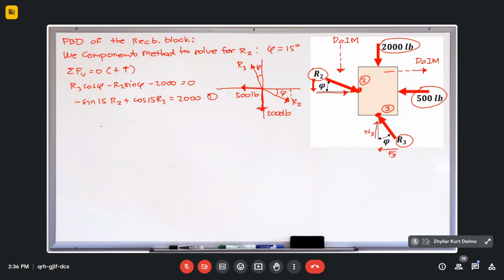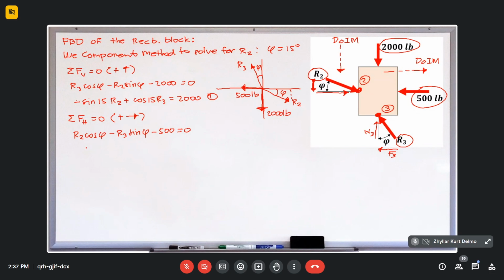So we need one more equation to solve for R2 and R3. So proceed with the summation of forces horizontal equal to 0, positive if towards the right. Okay, so we have R2 cosine phi, then minus R3 sine phi, then minus 500 is equal to 0.